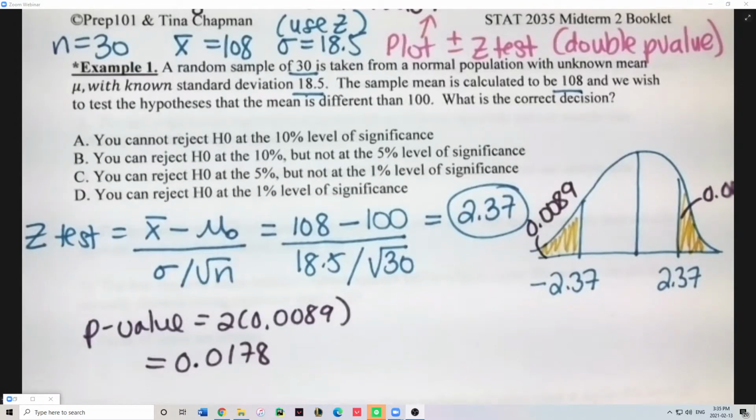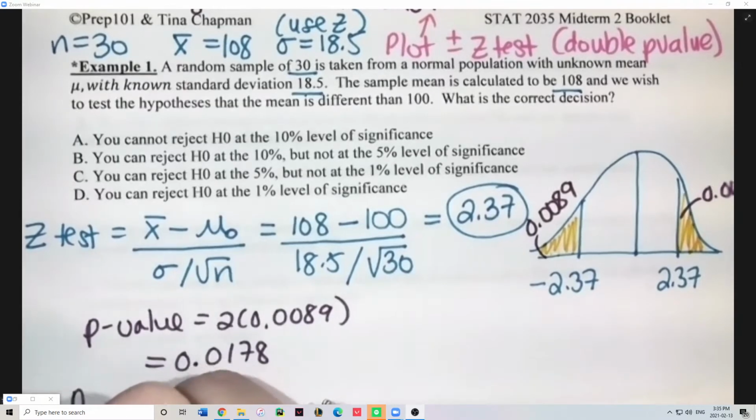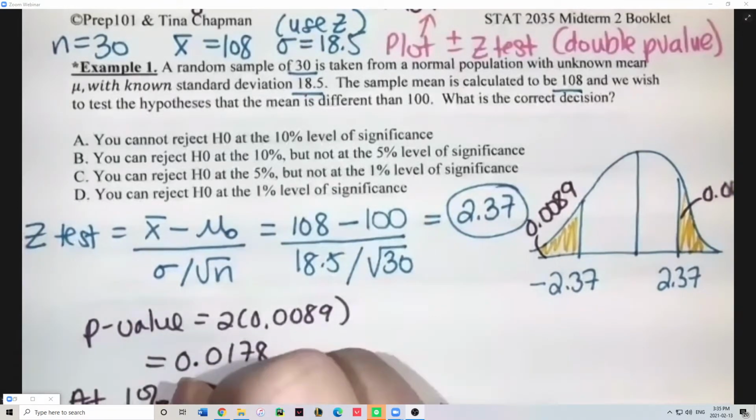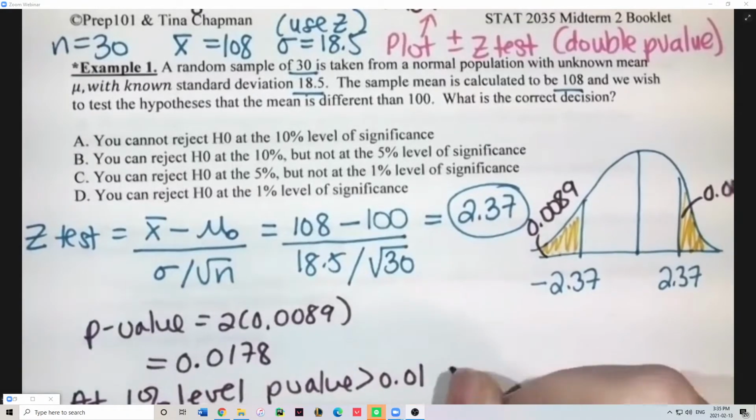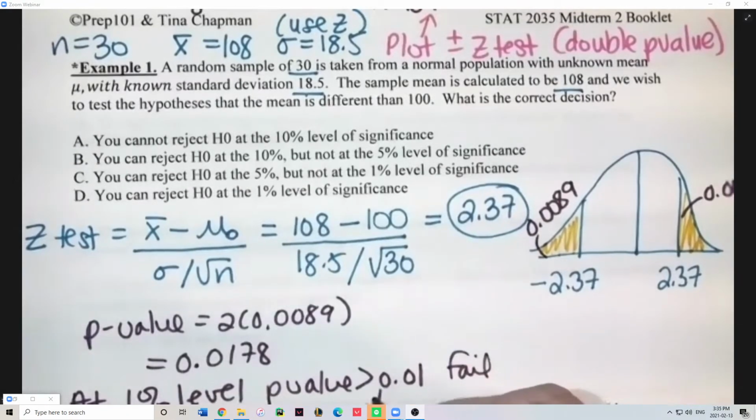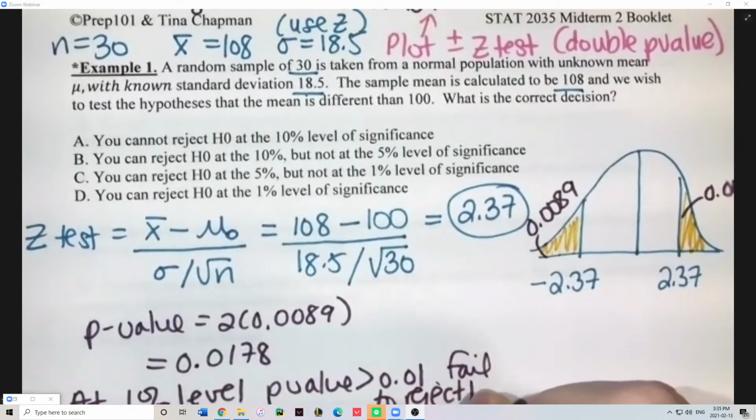So when would we reject and when would we not reject? Well, at the 1% level, this is going to be bigger than 1%. So at the 1% level, p-value is greater than 0.01. So that would mean fail to reject H0.